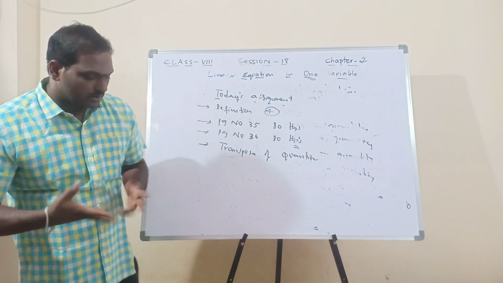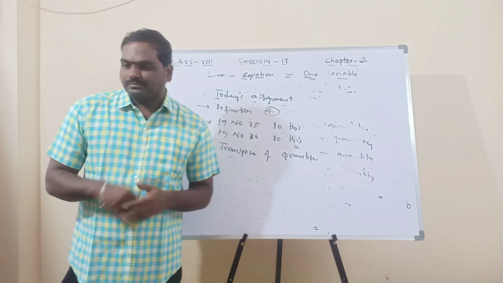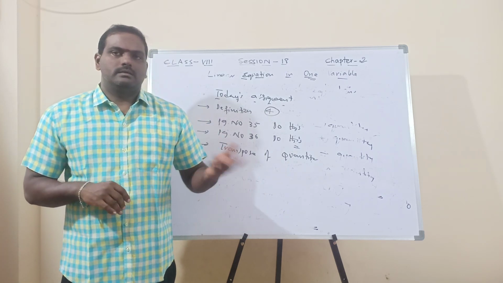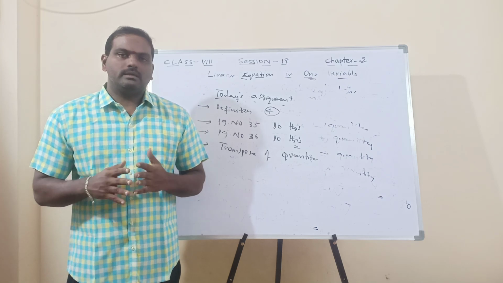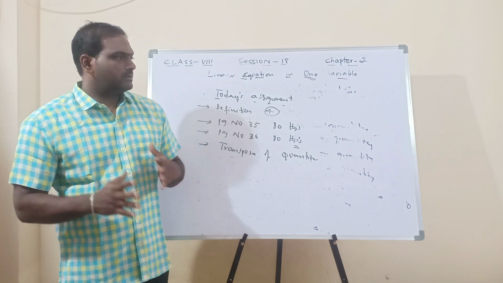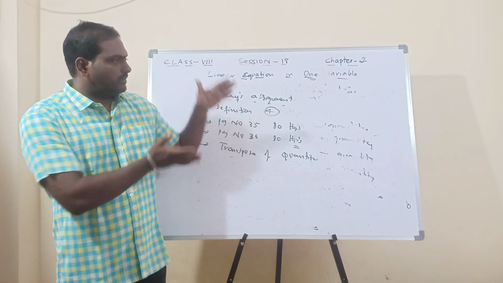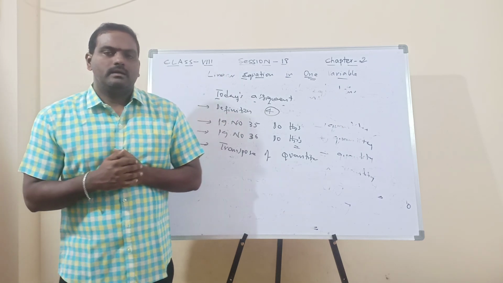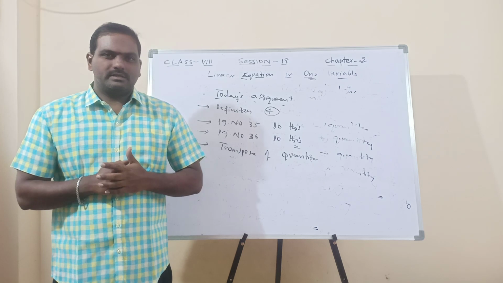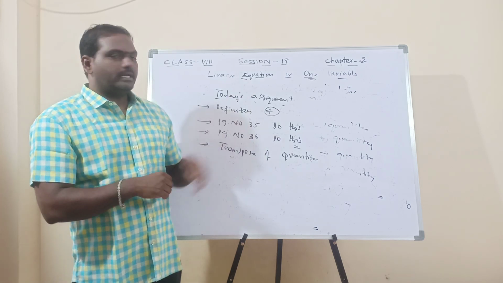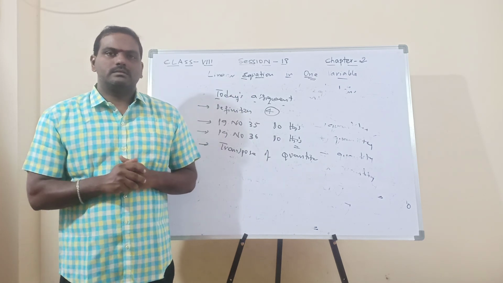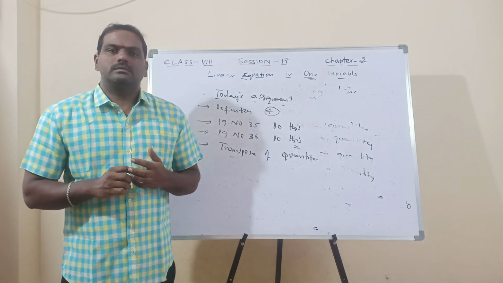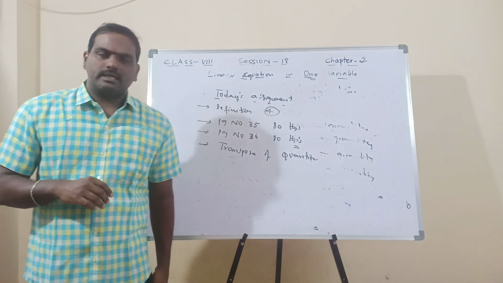One suggestion to all the students: some students do homework only when I give what I told in the class. Yesterday in session number 17, I gave my own sums, and most of the students were unable to do them. They simply say, sir, I did not understand.